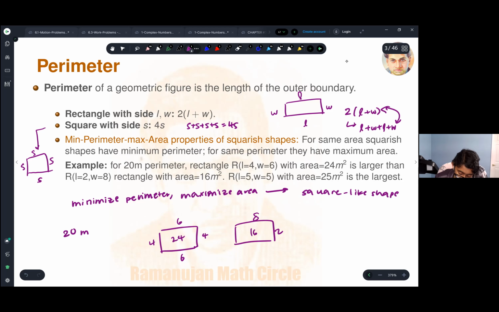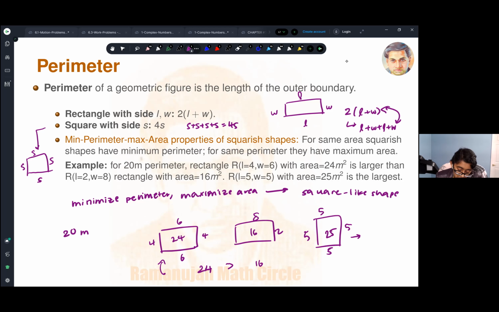So the area 16 is less than 24, and we would have a better shot with the 6 and 4. But there's one that's better, which is 5 and 5, right? The area is 25 and the perimeter is 20. That is a square, literally.